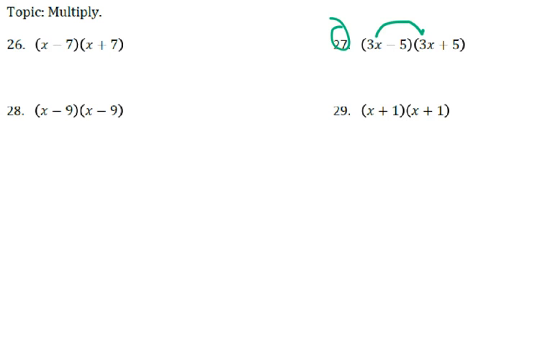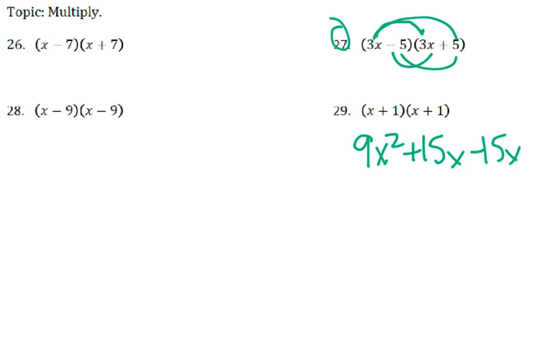So it would be 3x times 3x, which is 9x squared. 3x times 5, plus 15x, negative 5 times 3x, negative 15x, negative 5 times 5, negative 25. Positive 15x, negative 15x, they cancel out. We're left with 9x squared minus 25. Okay, that's one way to do it.